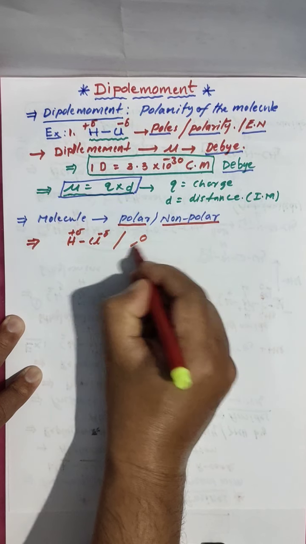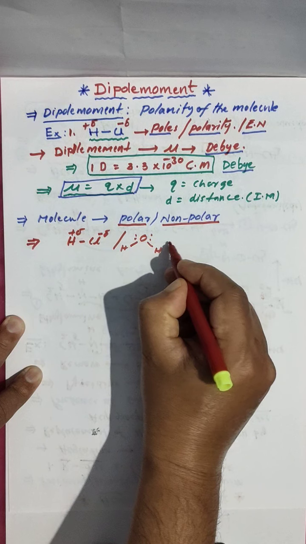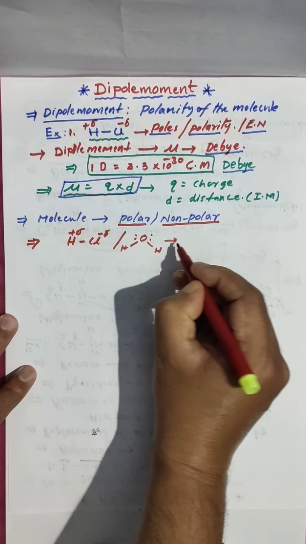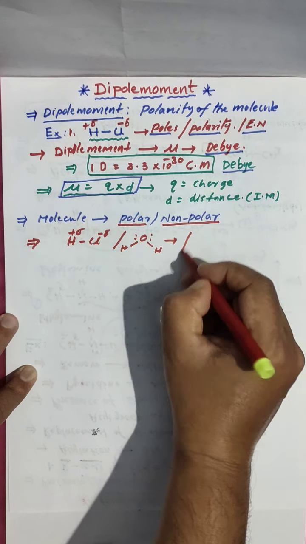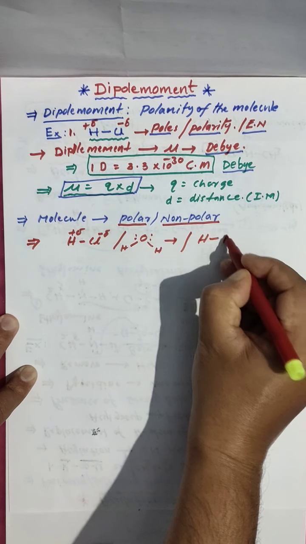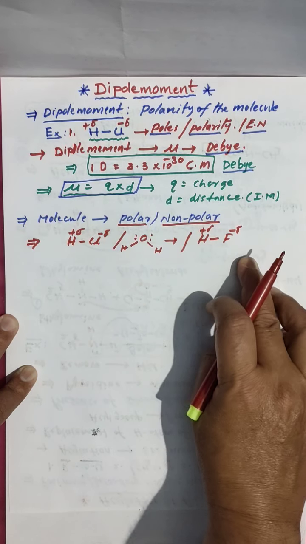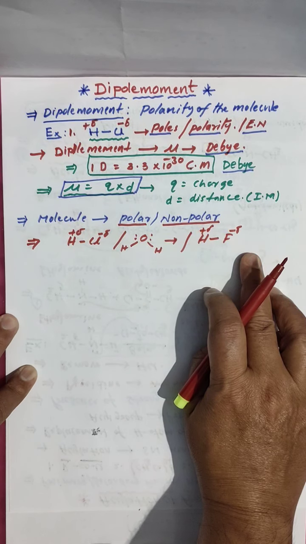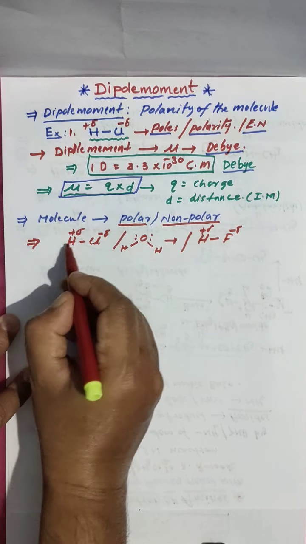You learned already that water is a polar molecule. Clear? And similarly, we have HF, with del minus, del plus. These all we call polar because of having del minus, del plus.